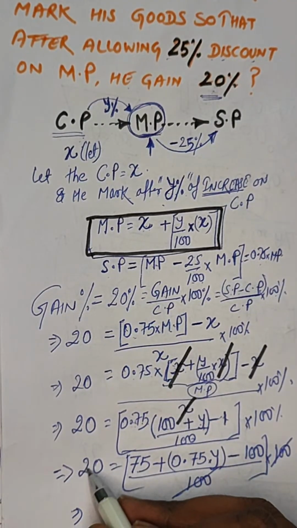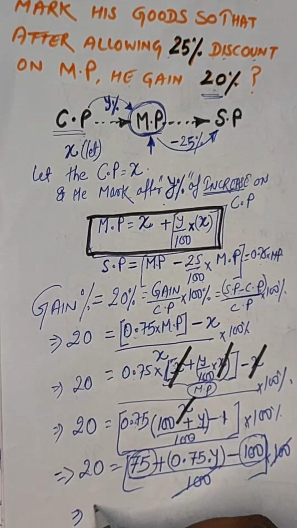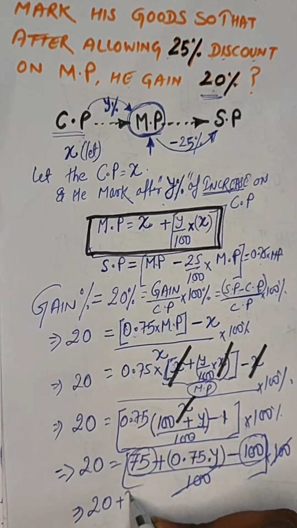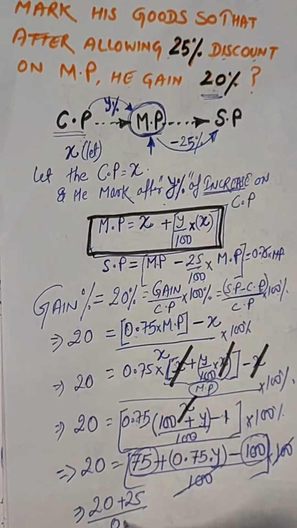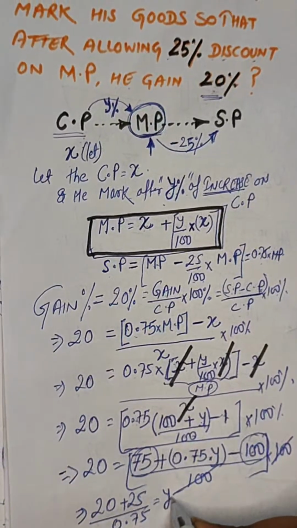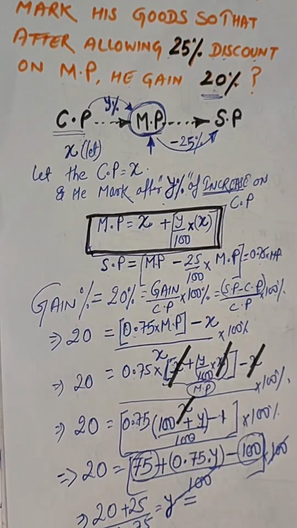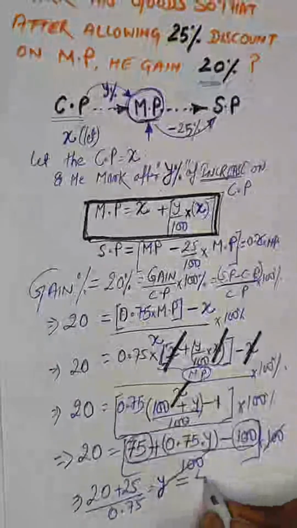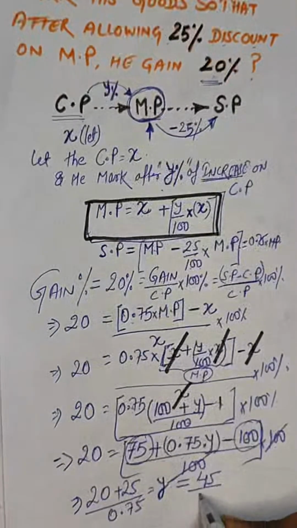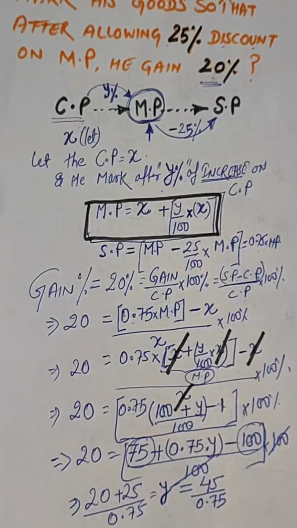Minus 25, for these two terms, goes to the LHS. So it becomes 20 plus 25, right? And when you divide it by 0.75, you will get the value of y. 20 plus 25 is 45, so it will be 45 divided by 0.75.